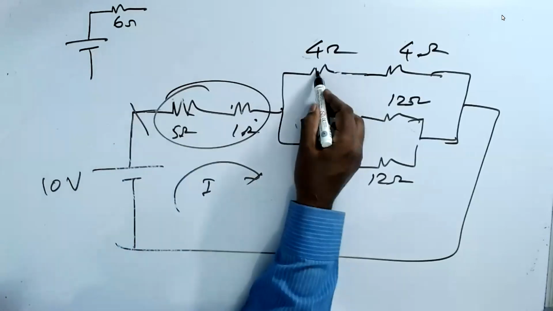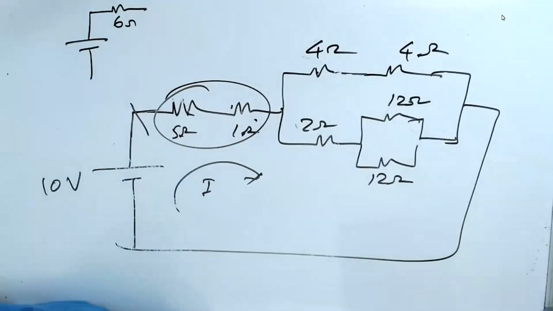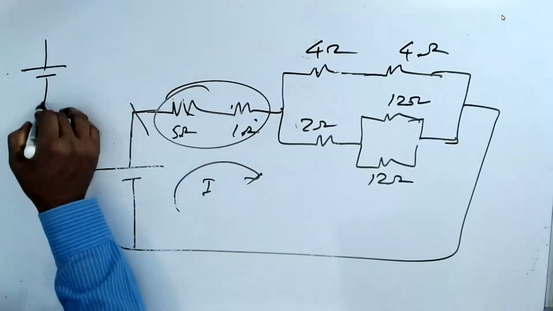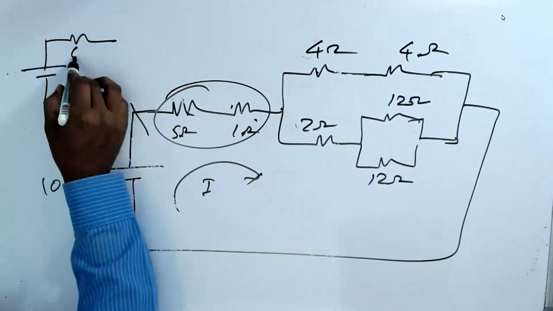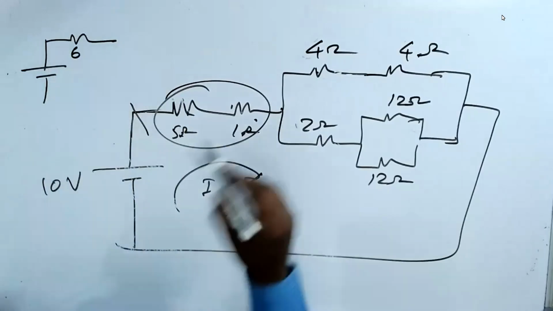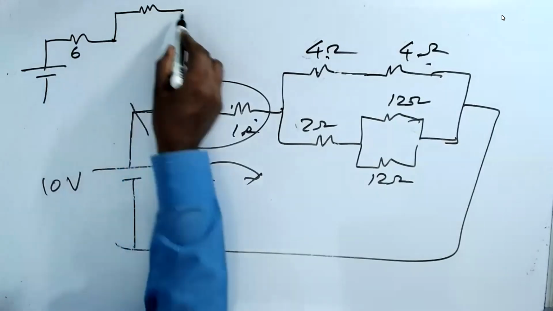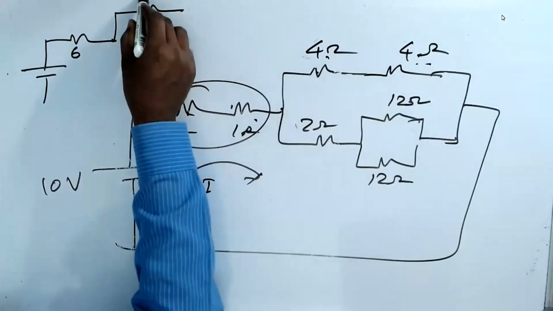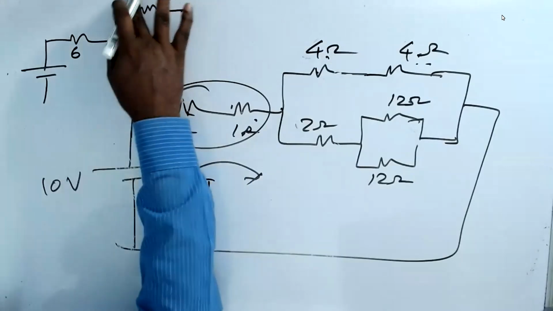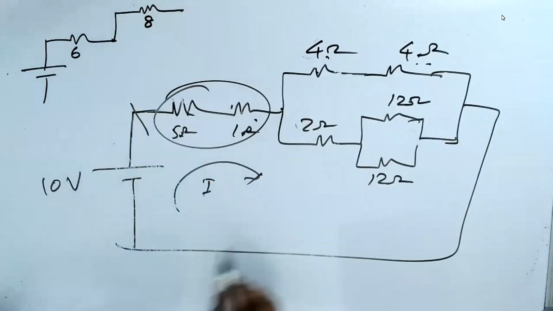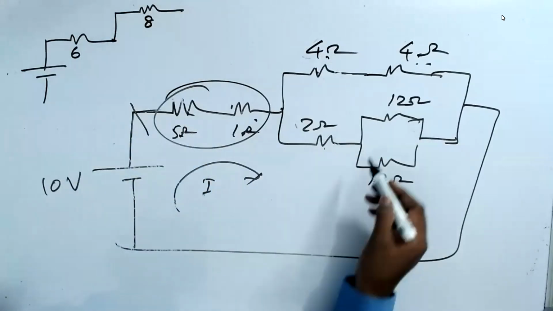Now these two, I make them 6. These two can be added. 4 plus 4 is 8. Now, I cannot add this because this is parallel, this is series.